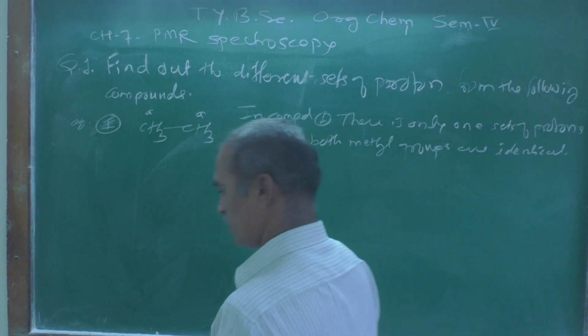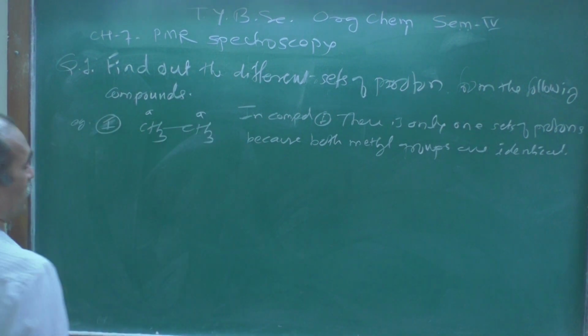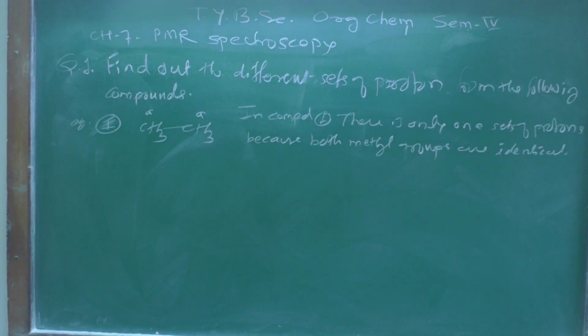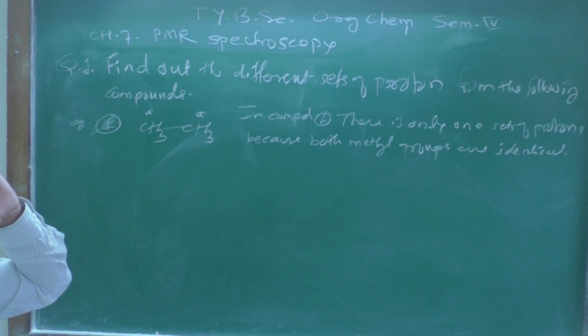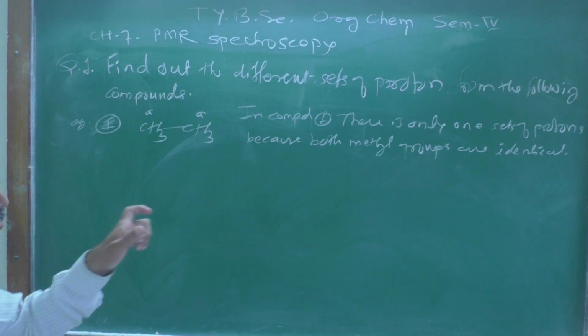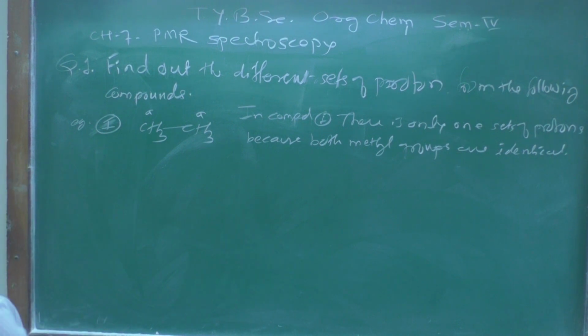That's the answer you can provide here. In compound first, there is only one set of proton because both the methyl groups are identical.